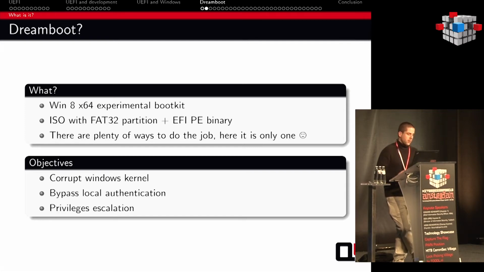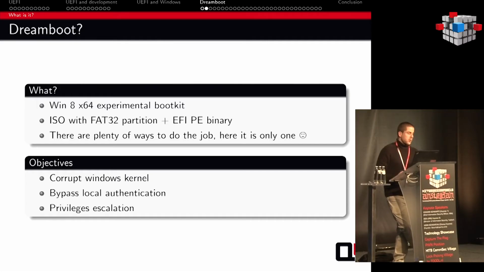We just need a FAT32 partition. The implementation I made is just one way to do the job, but there are plenty of ways to corrupt the Windows kernel and do what you want.